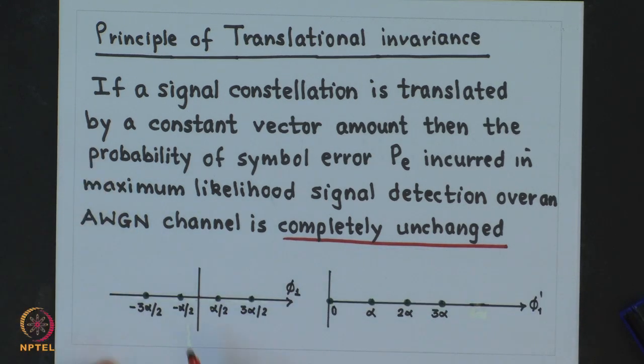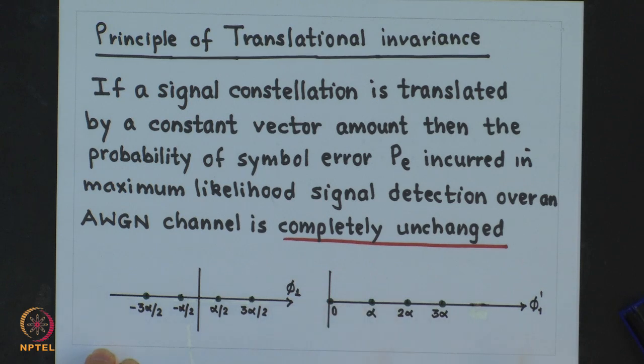So, this figure out here depicts what is to be done. I have a signal constellation, I have just shown a one dimensional signal space, and now this point, the origin out here, has been shifted to some other point, and so maybe this point comes here, and the rest of the thing, the distance between these message vectors, they do not change.